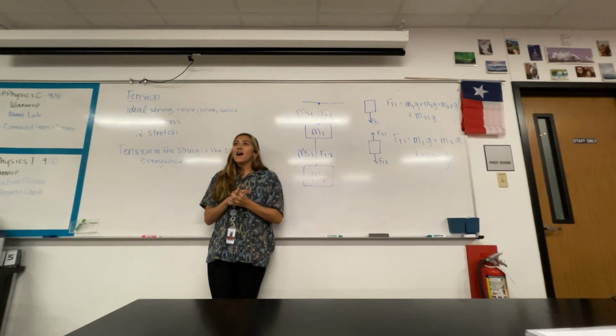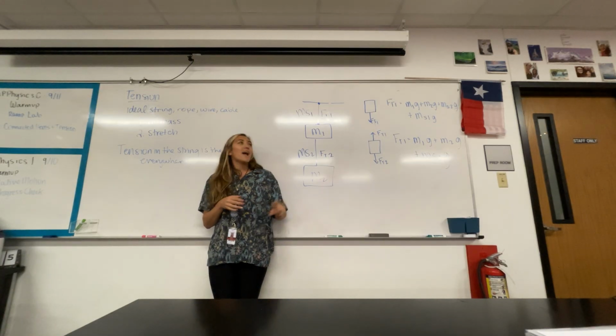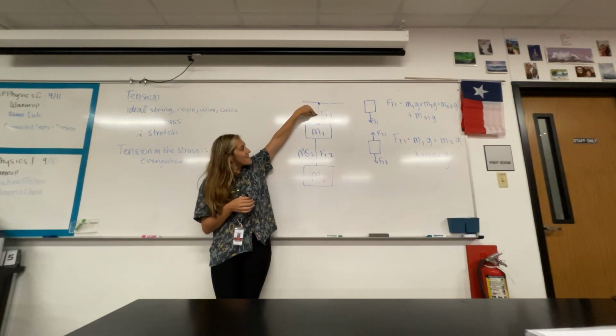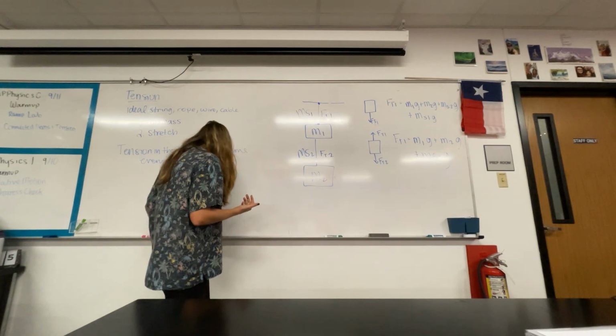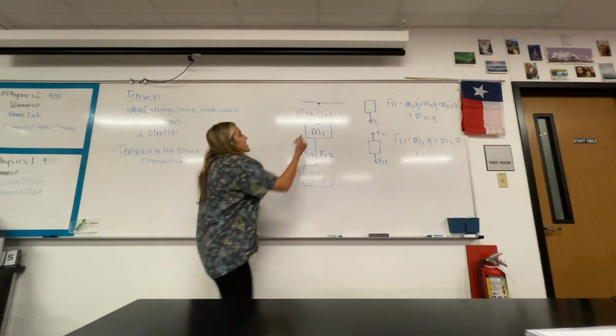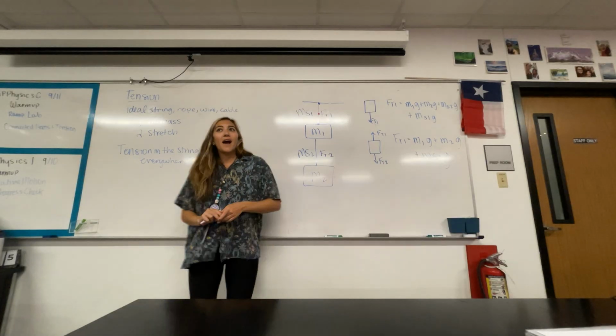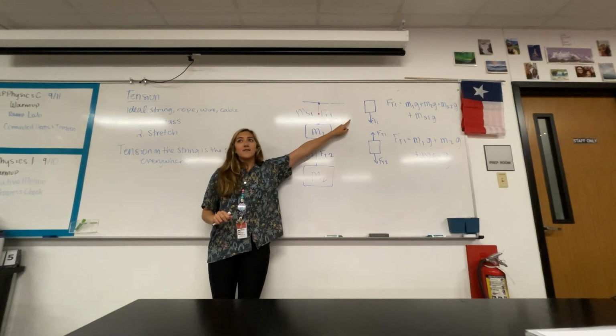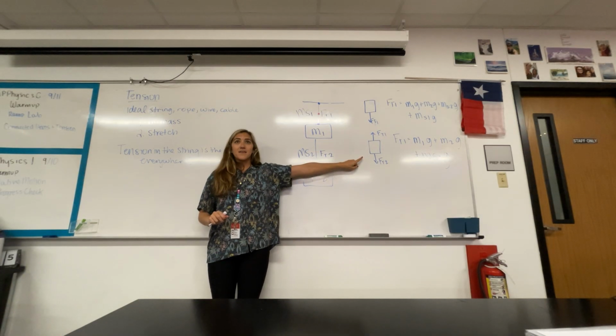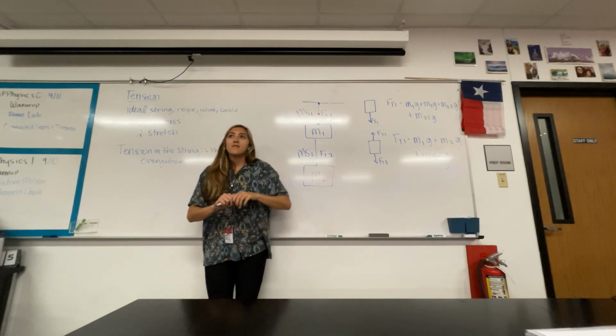Try in your notes to write out what the force of tension would be halfway through the string. Right here. I did the top and the bottom. What if I did halfway through? Halfway through, it's not equal to this or this. What's the difference?